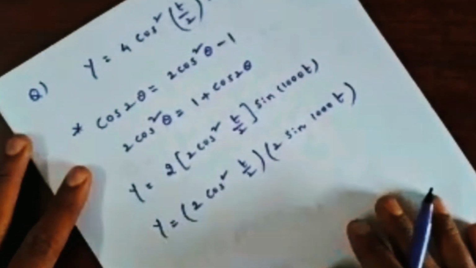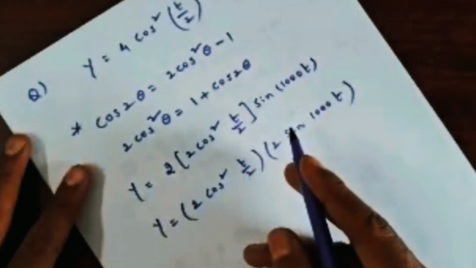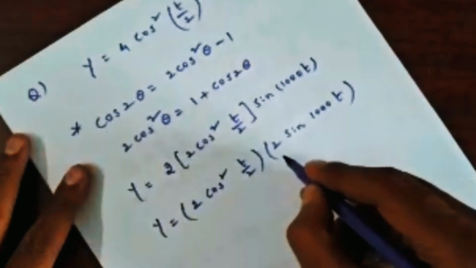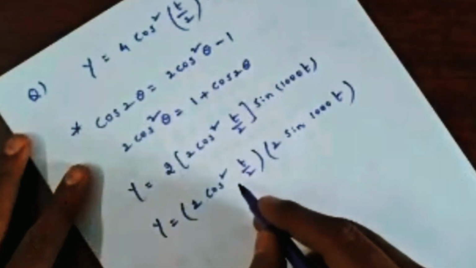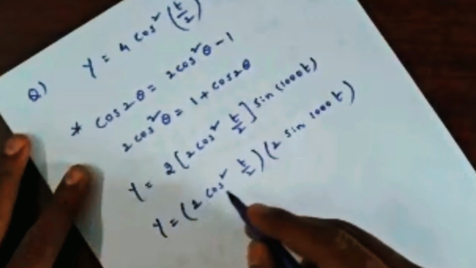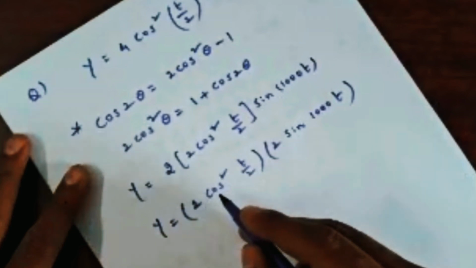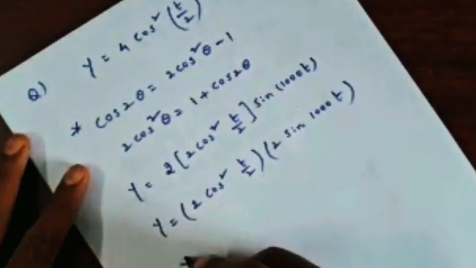Okay, so now listen carefully. This 2 sine 1000 t I am keeping as it is. Instead of 2 cos square t by 2, I am taking the form 1 plus cos 2 theta.